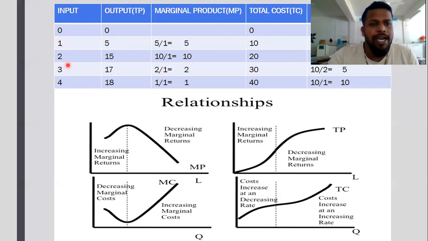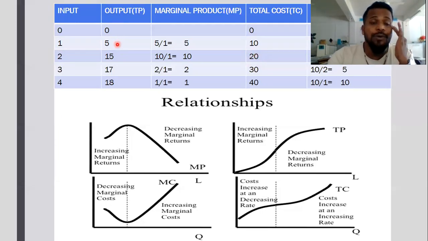When I employ one more unit of input, one more labor, now I have two labors. Then how much cost do I have to pay? $20, isn't it? Because in the cost column, for one labor I pay $10. The first labor I paid $10, then I employed one more labor, and my cost increased to 20.